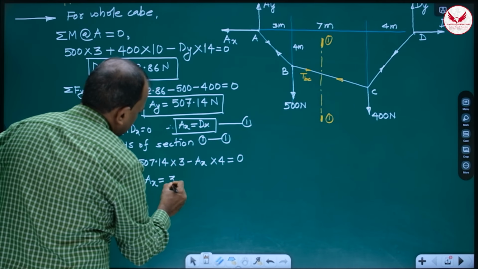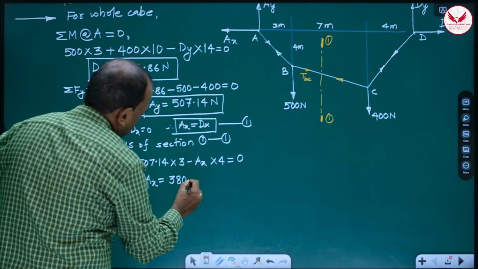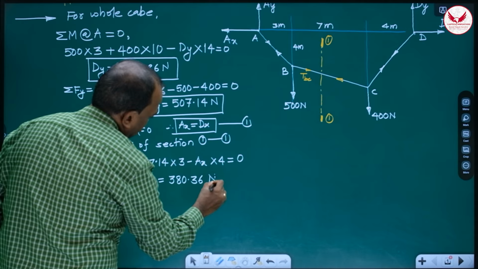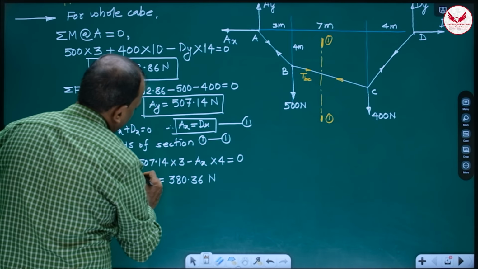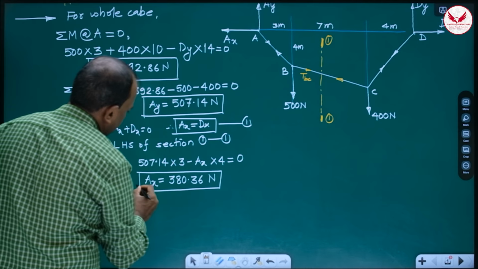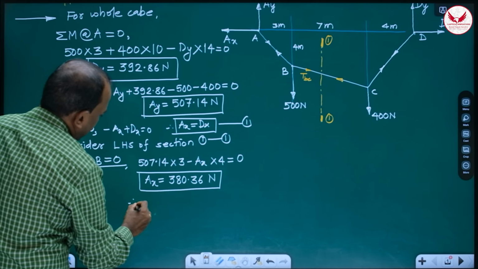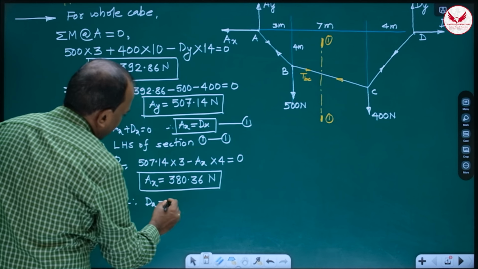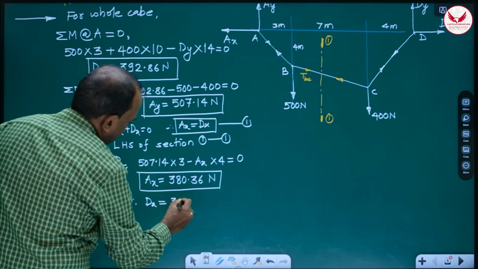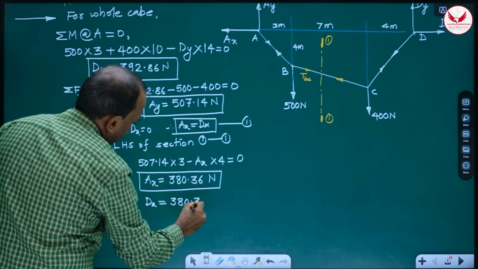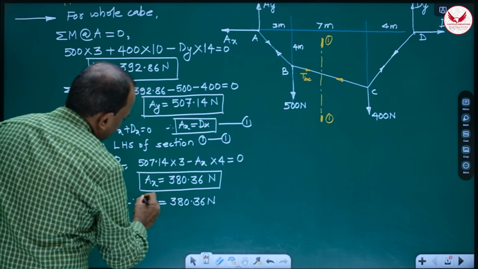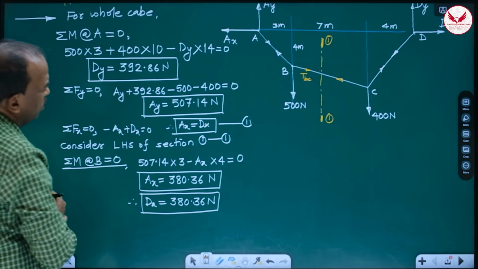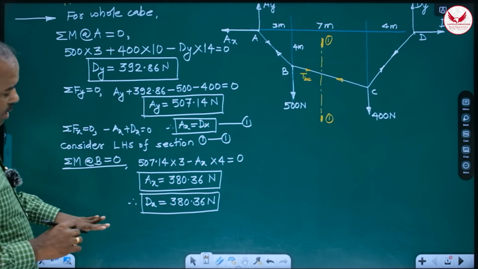AX is 380.36 Newton. Means we got the third reaction component, and hence DX also from equation 1, DX is also 380.36. And in cable examples, once we get these four reaction components, the problem is almost very simple.